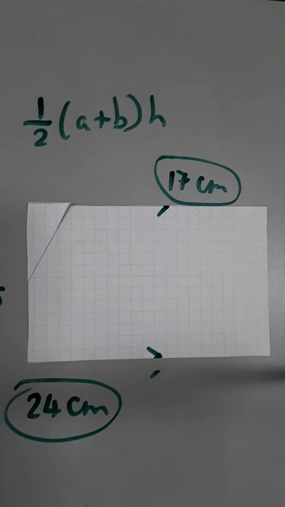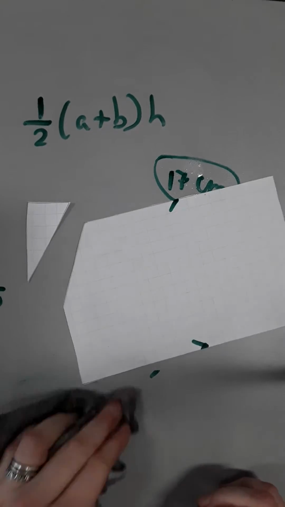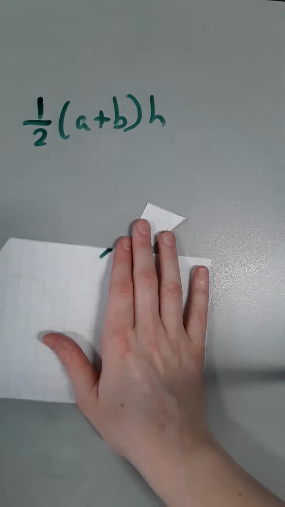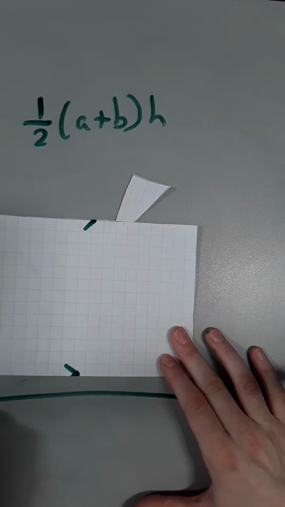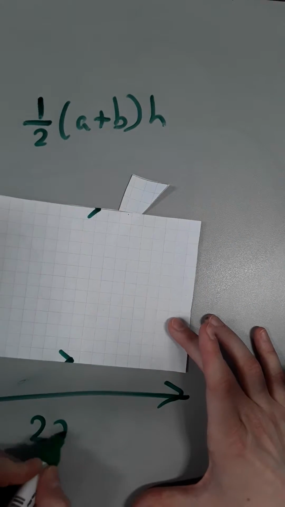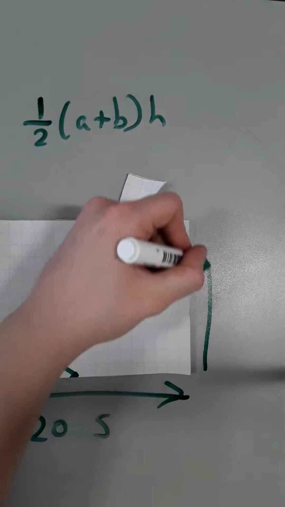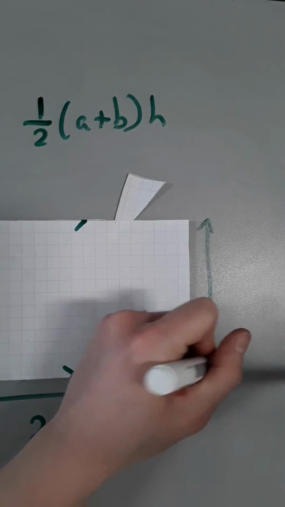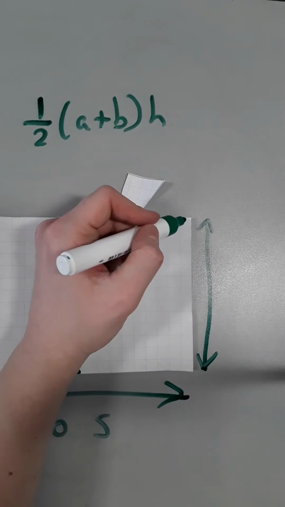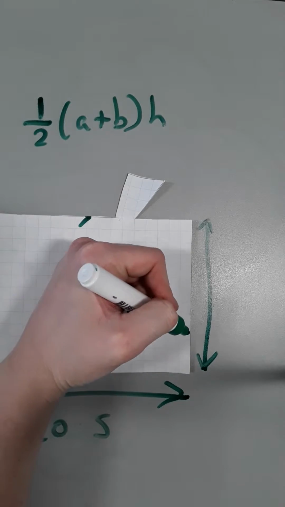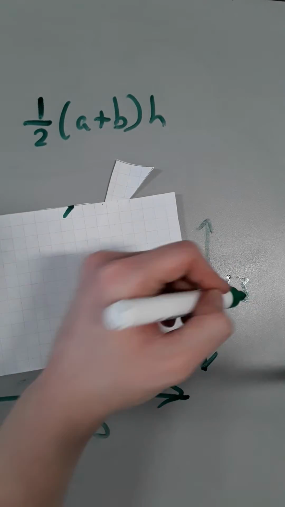So I now know, if I just rub this out so I can work with it, that the average of the two sides is 20.5. So I know that this length here is 20.5. Now what I need to do to treat it like a rectangle is find out the perpendicular height to my base. So I'm going to count these: 1, 2, 3, 4, 5, 6, 7, 8, 9, 10, 11, 12, 13.